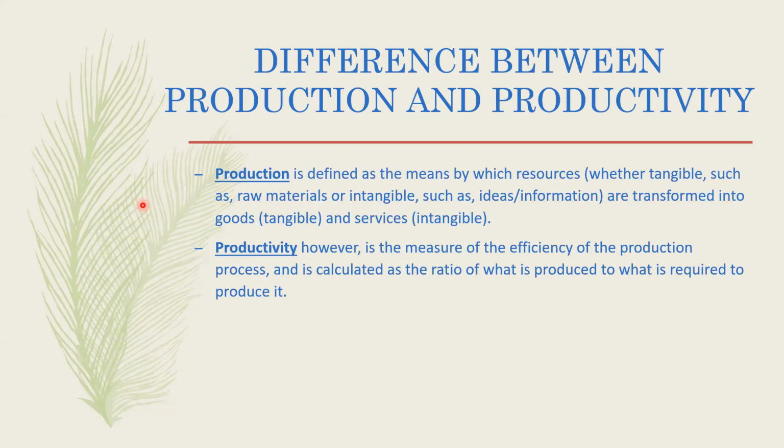That's all that production is telling us. And productivity, on the other hand, measures the efficiency in the whole production process. We calculate it as the ratio of what is produced to what is required to produce it.